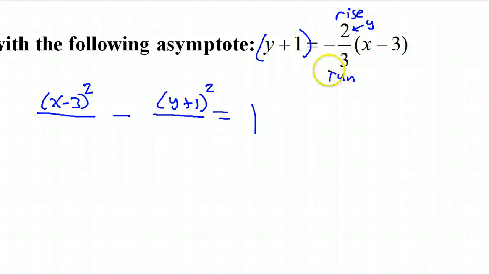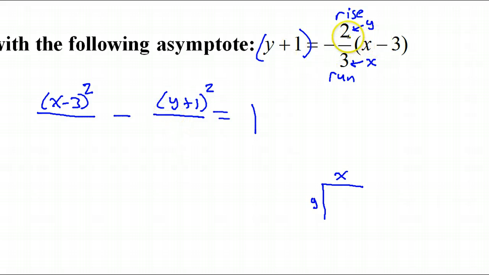Since this is the run, because I'm talking rise over run, you know what I'm saying? So this is a y value and then an x value. So the run, that means this 3 is an x value. Okay, so this is going to help me know what's going to go down here.